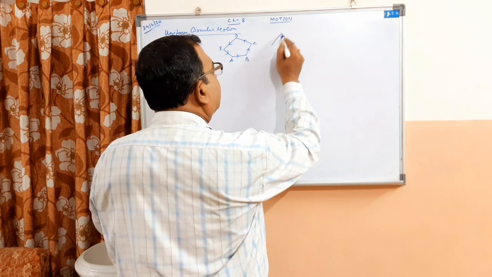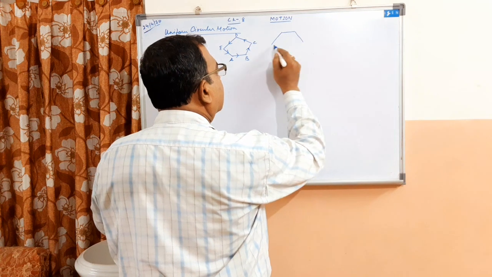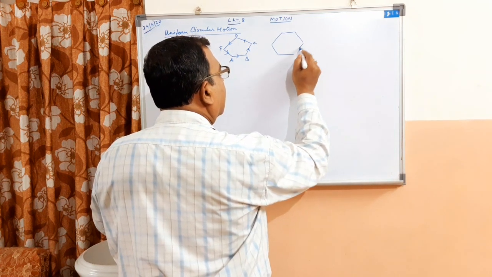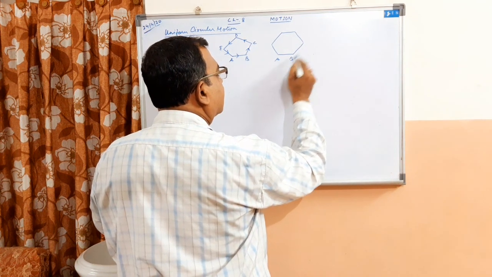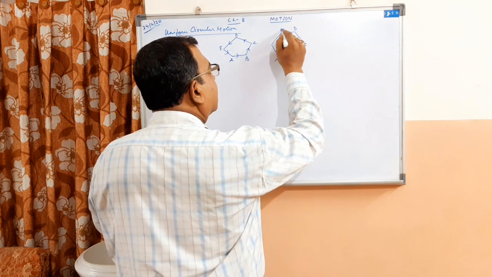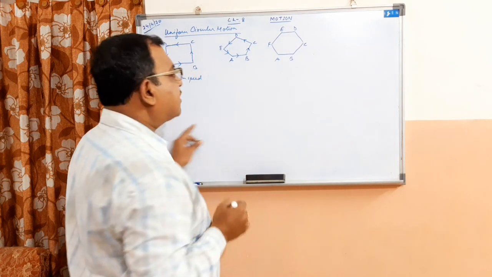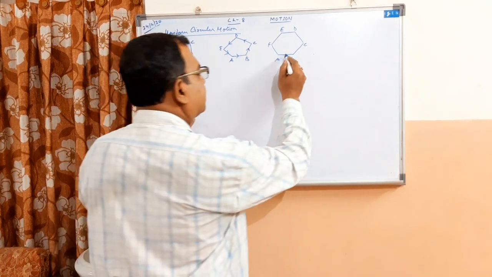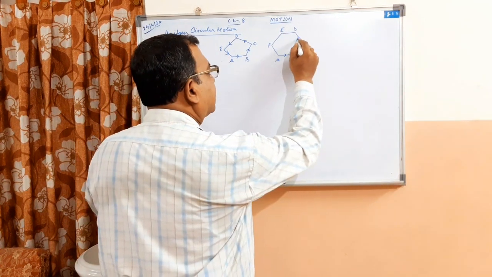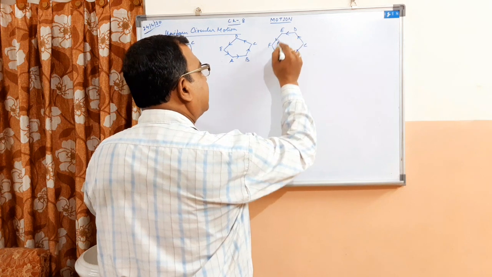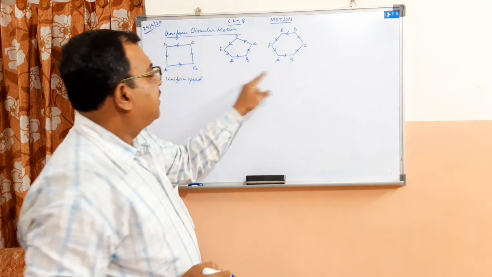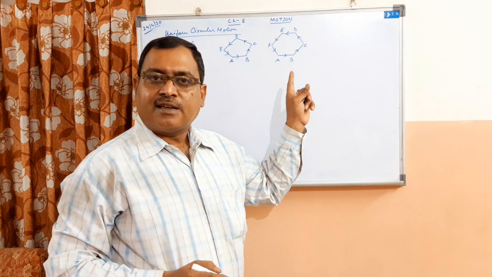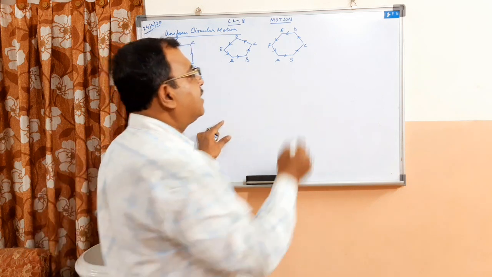Similarly, now if it is a hexagonal path, again starting from A, if it wants to return to A, how many times does it change? You will say that since hexagon has 6 sides, it will change its direction 6 times.